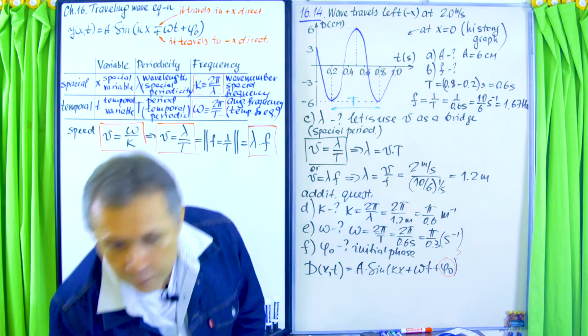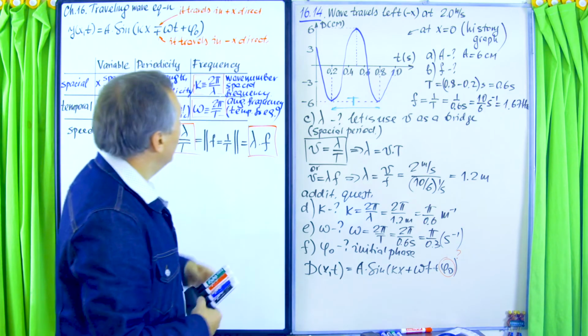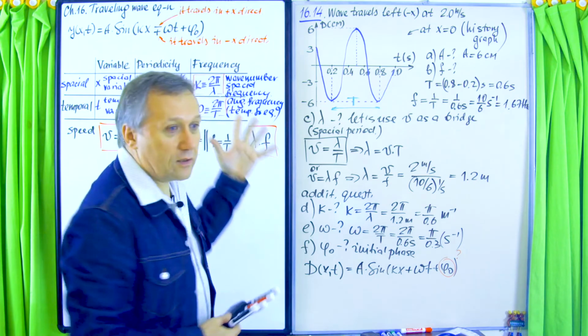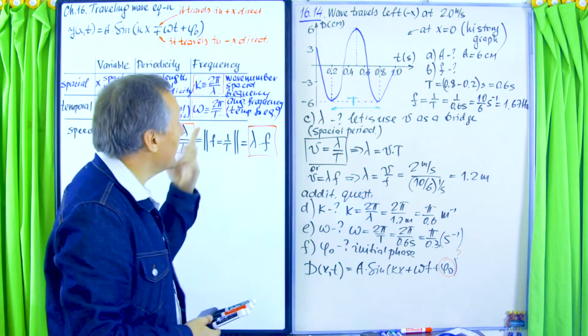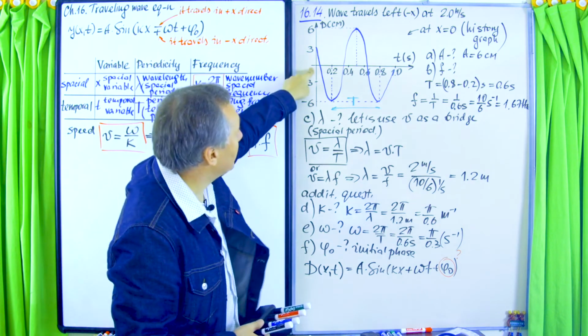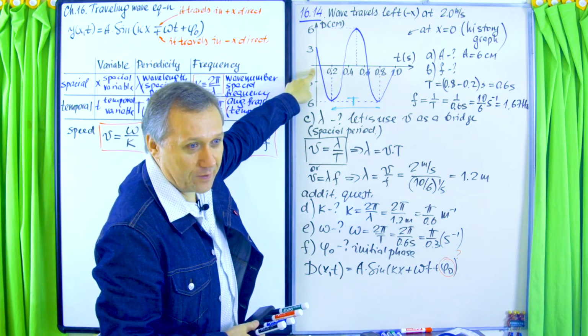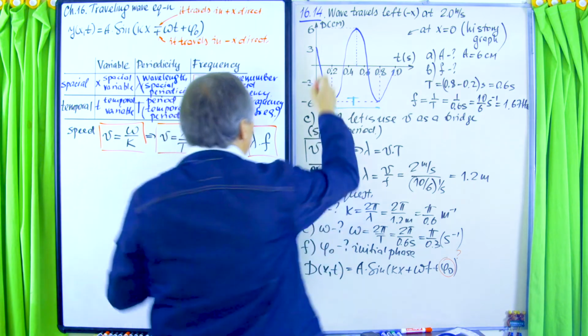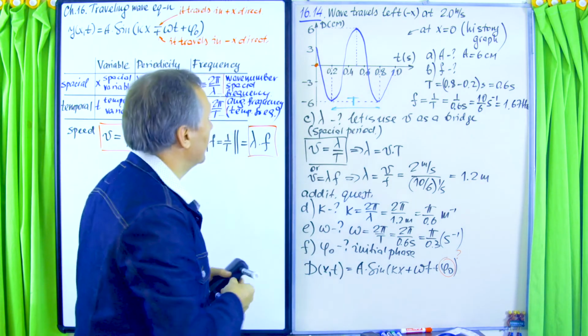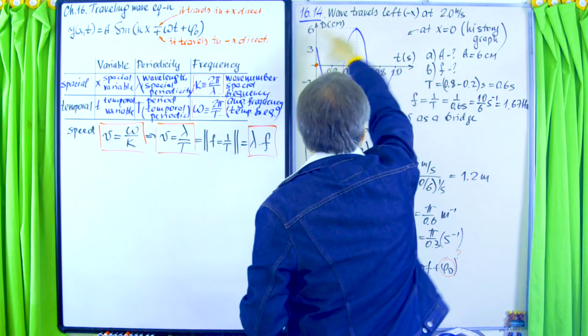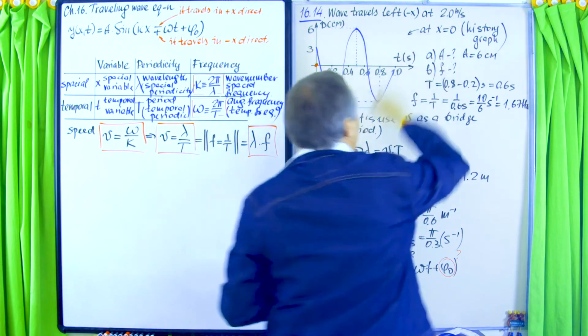Okay, 5 minutes left. We should be able to finish it. So let's pick the easiest point. Of course, it makes sense to try to use the easiest, and the easiest is when t equals 0. So let's take this point. Let me emphasize, that is the point I'm going to use. We also need to remember that this graph was recorded at x equals 0.